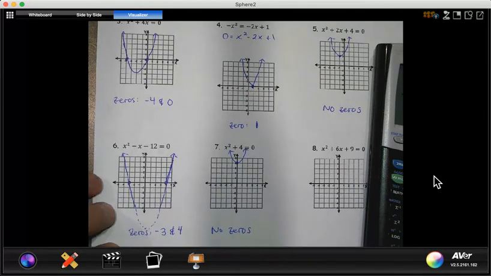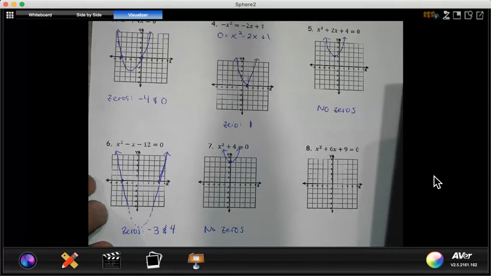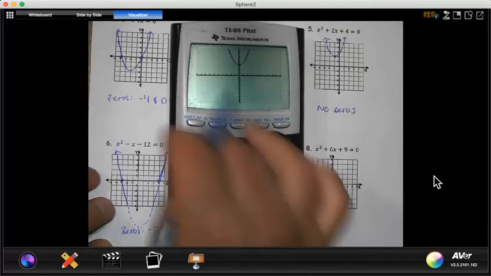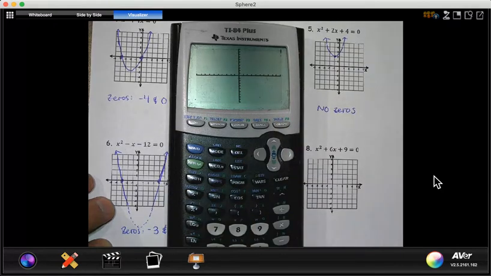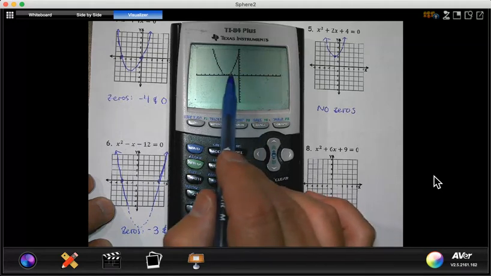And then the last one, x squared plus 6x plus 9. It looks like it crosses at about -3.